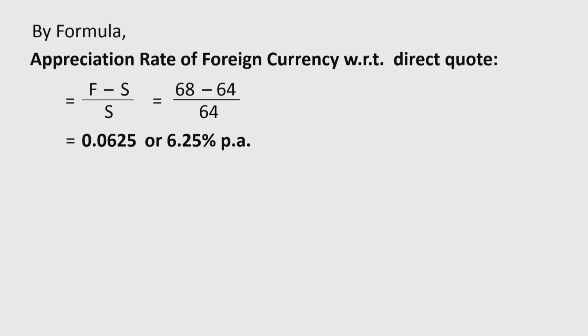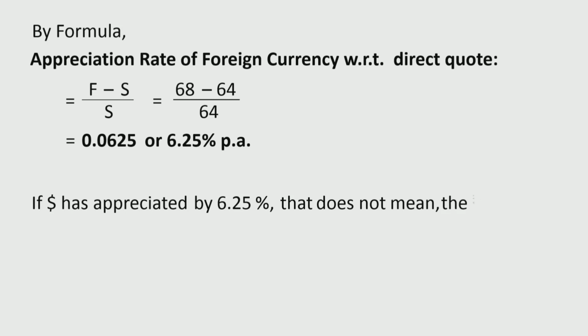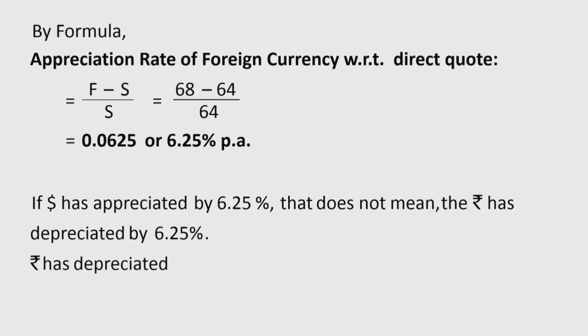So let us see what would be the depreciation rate of rupee. If dollar has appreciated by 6.25%, that does not mean the rupee has depreciated by 6.25%. Rupee has depreciated definitely, but not by 6.25%. It would have depreciated by some other rate.